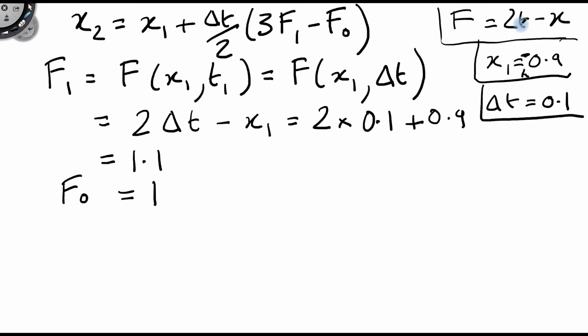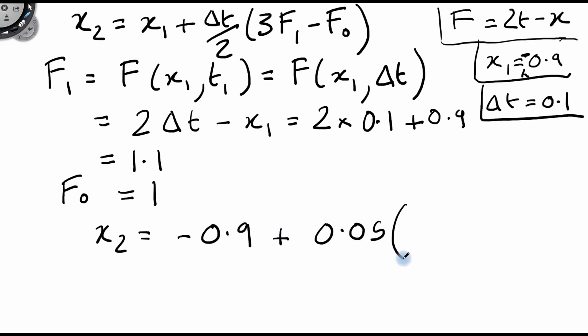So that means that x2 equals x1, which is minus 0.9, plus delta t on 2, which is 0.05, times 3 times f1, 3 times 1.1, minus 1. Right, so just plugging these numbers in on the step, 3 times the function at f1, and then the function at f0, and that gives us x2.